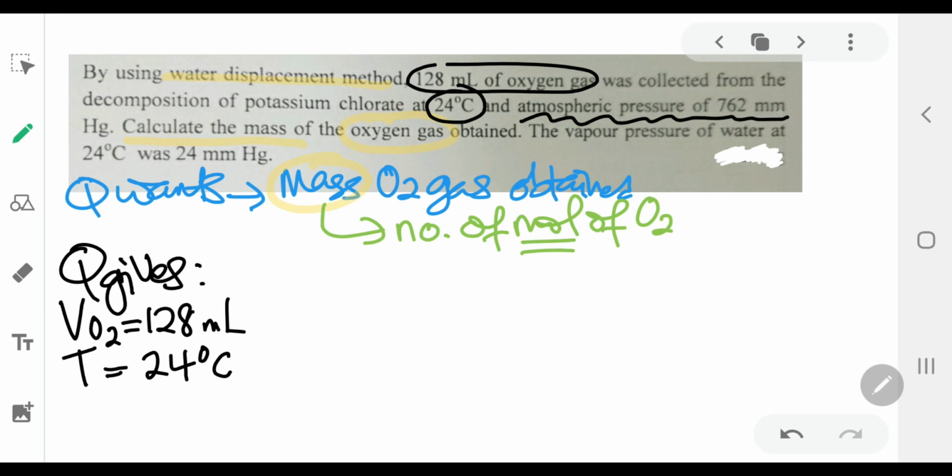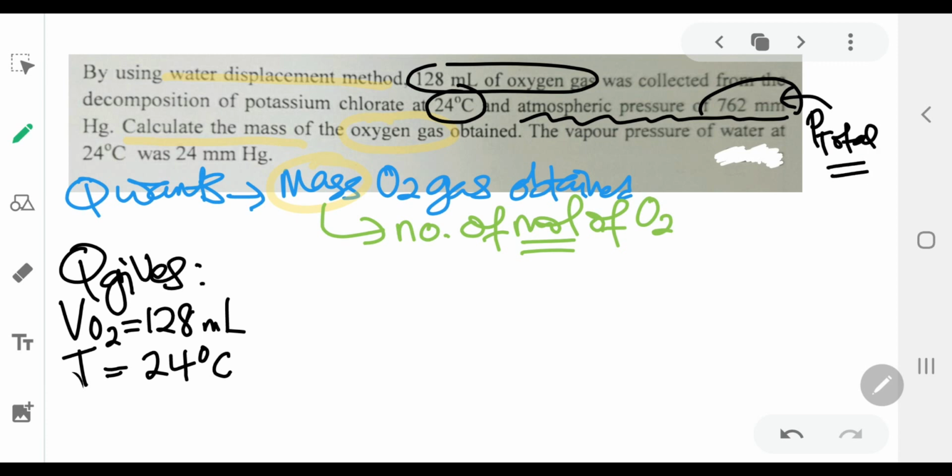And then we have atmospheric pressure. Okay, so that is the pressure that we need to consider. So when it says atmospheric pressure over here, that is your P total.